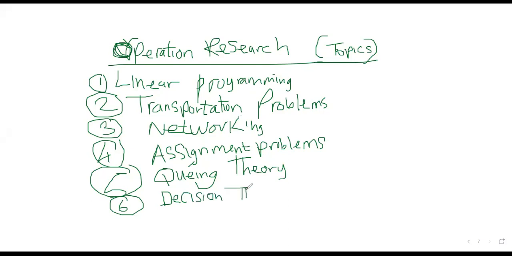The first one is linear programming. And then we also have simulation. So we're going to do a topic. We'll start with linear programming. So these are the topics that are covered in operational research.